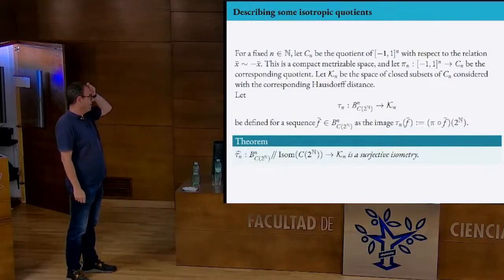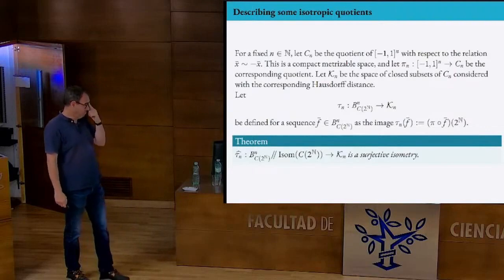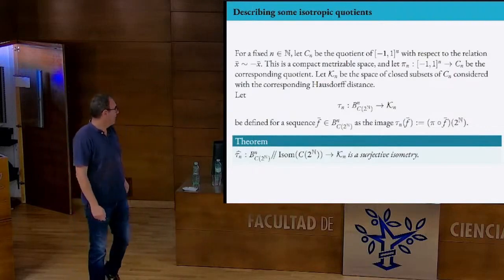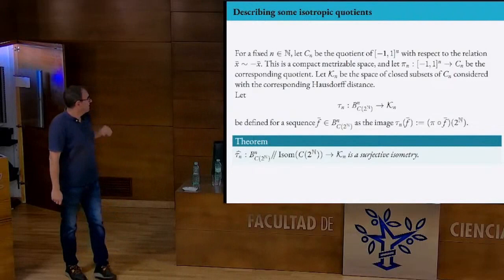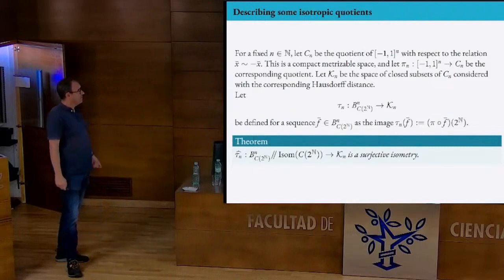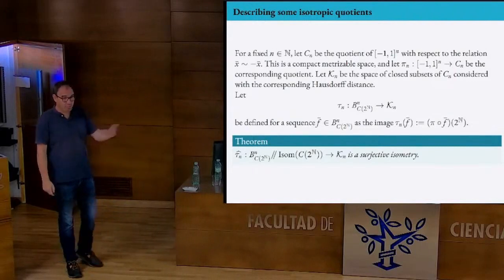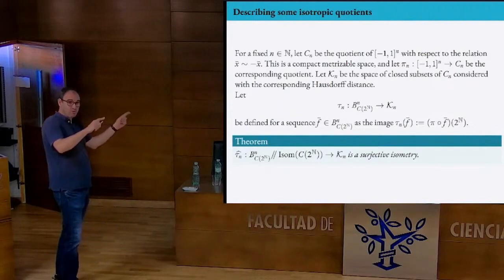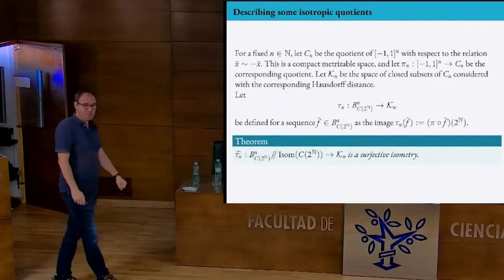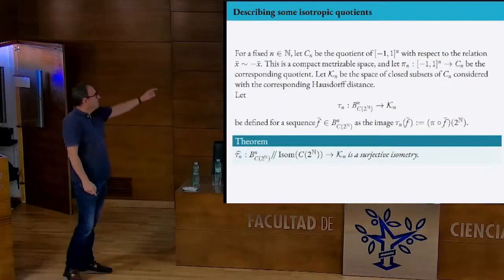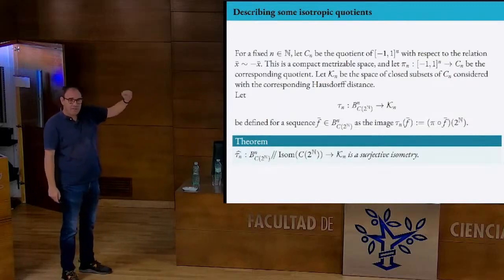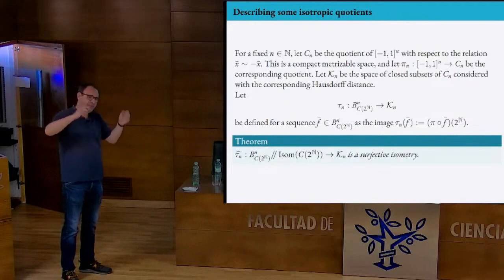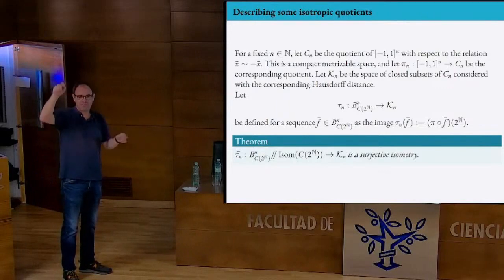Let's call this mapping going to the quotient, this identification, pi n, and let's call Kn the space of compact subsets of Cn, with the Hausdorff distance between them. If there was no identification of x and minus x, you might think of the compact subsets of minus 1, 1 to the n.